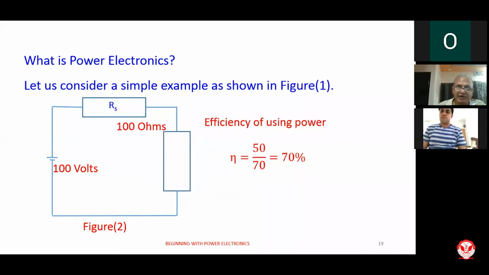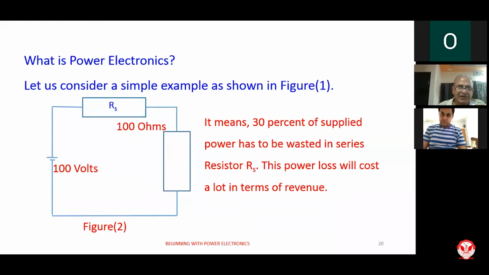Now we can work out the efficiency with which we are utilizing the power. So the efficiency of utilization is 50 watts upon 70 watts, that is 70%. We have lost 30% efficiency, which is significant now. It means 30% of the power supplied is wasted in resistor RS. This power means a lot in terms of revenue if we are talking at high power levels.